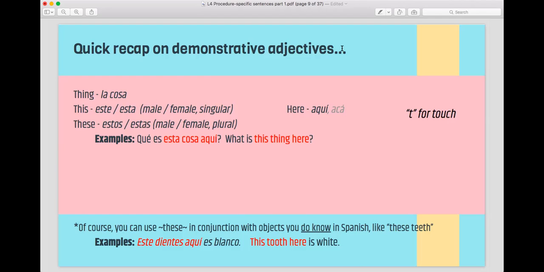And these are describing things that are close to you, or that you could be touching or pointing at. They're very close to you. That's why we added the little reminder here, like T for touch. Same with here, aquí y acá. Those are things that are very close to you.